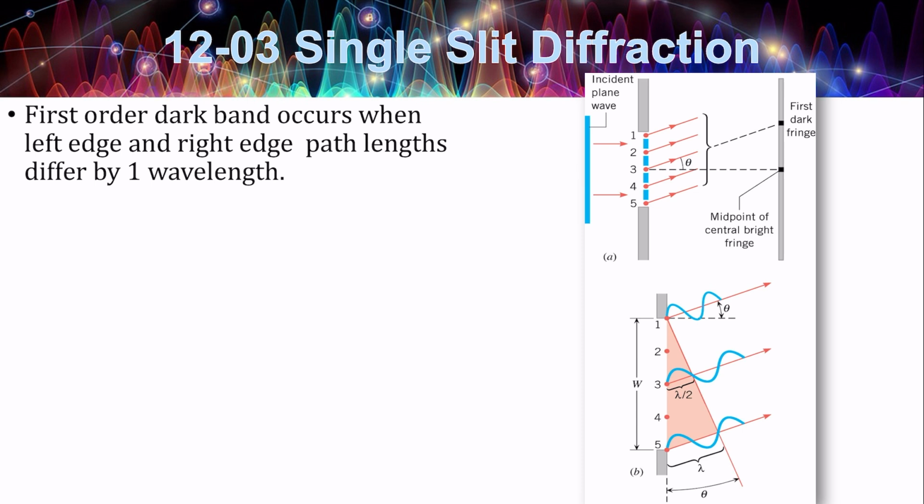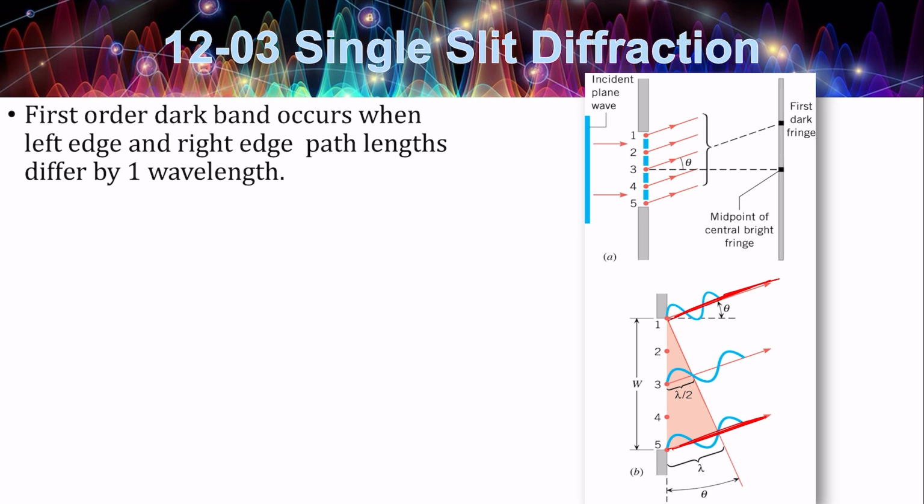The first order dark band is going to occur when the left edge and right edge of the paths differ by 1 wavelength. That way, this beam from the left and the right differ by 1 wavelength, which you'd think is constructive interference.